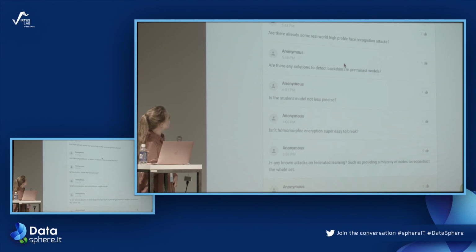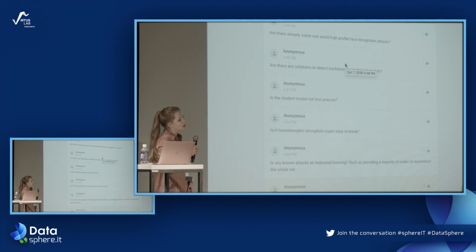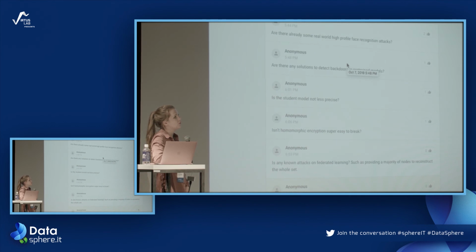Are there already some real-world high-profile face recognition attacks? Face recognition attacks, I'm not aware of any research done, but I know there was research done for person detection.